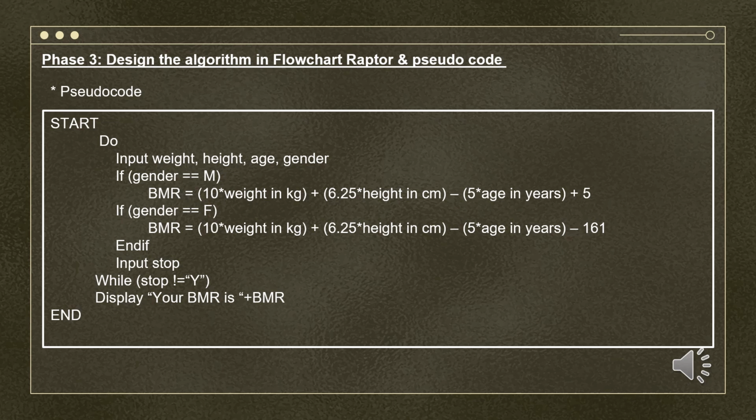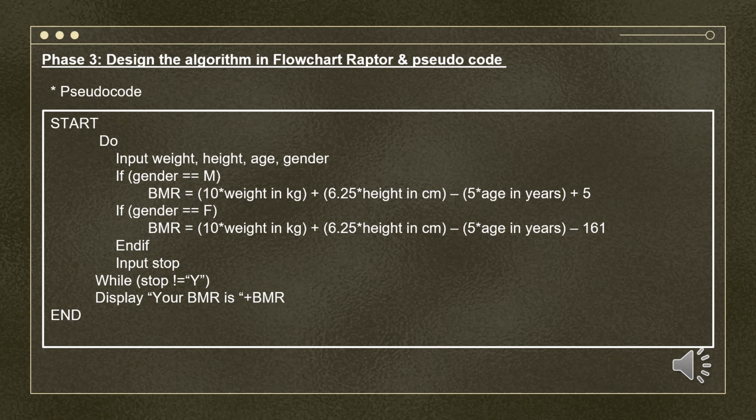Phase 3. Design the algorithm in flowchart, Raptor, and pseudocode. This is the answer for pseudocode. First, we use the do-while method, which means we must put in do and while in this pseudocode. First, we start with start and then do. Next, input, which is weight, height, age, and gender.